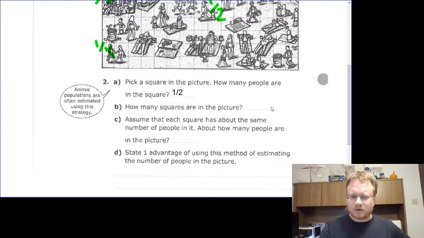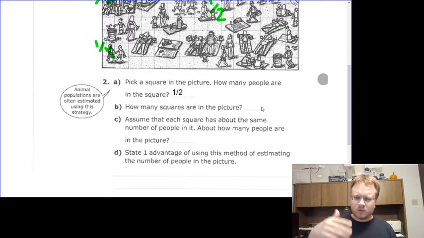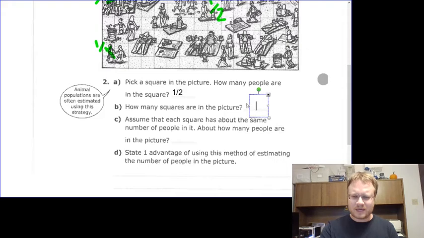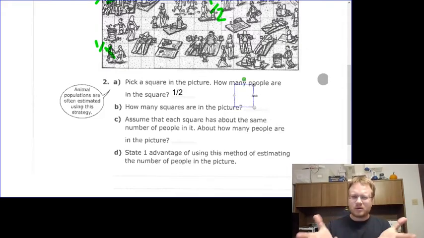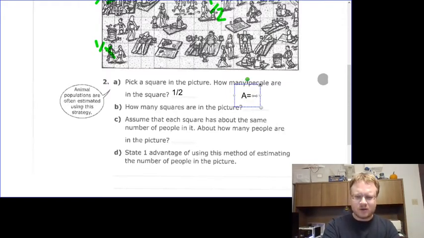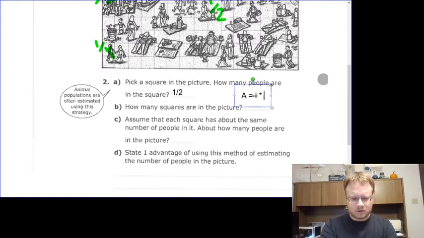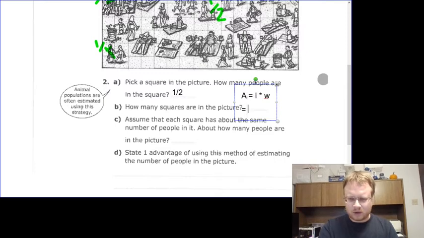How many squares are in the picture? Once again, we could just sit and count these directly, but we want to use a mathematical tool to make our life a little easier. And we're going to use the idea of area here. So how many squares make up this entire picture? Or what is the area of this? We're just going to do the length times the width. So how long is our picture?